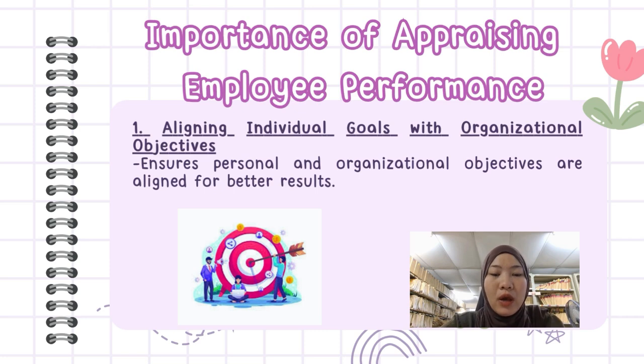As we know, one of the purposes of performance management is strategy, meaning it helps the organization achieve its business objectives. So performance management identifies or measures the performance of each employee, where expectations are met or not, and takes corrective action if necessary.